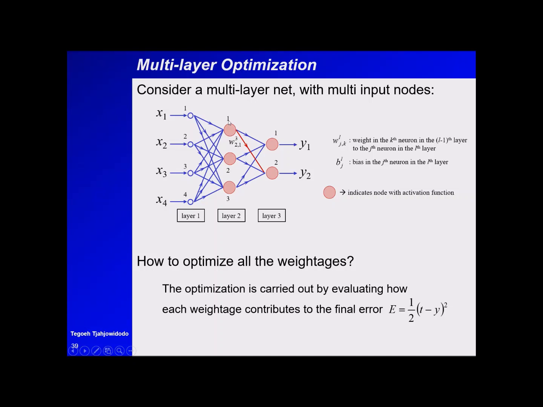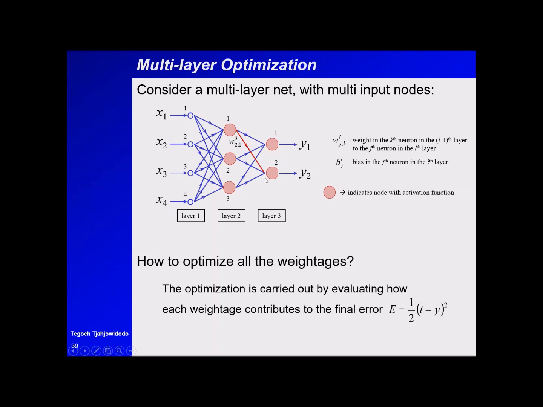First layer is the input. Second layer is this one. So this will be the weightage of the first neuron in the second layer, where the second layer is coming from 3 minus 1, that is connected to the second neuron in the L layer, in the third layer.